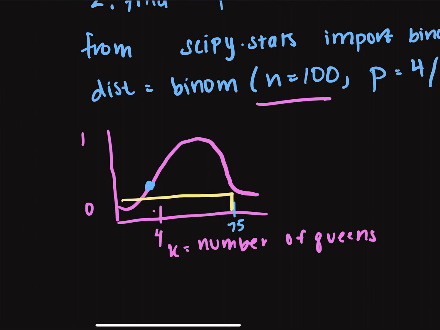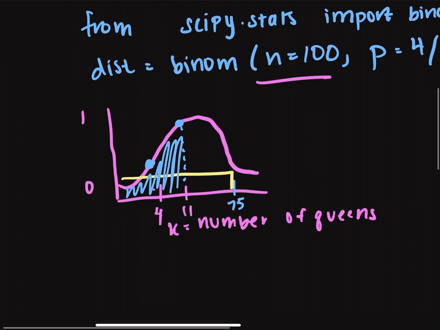But what we want is the probability of getting 11 or fewer queens. So we have some value 11. And not only do we want to find this, but we actually want the probability for all the values less than 11. An easy way to do that is to take the area under this curve. And that's exactly what your CDF function does.